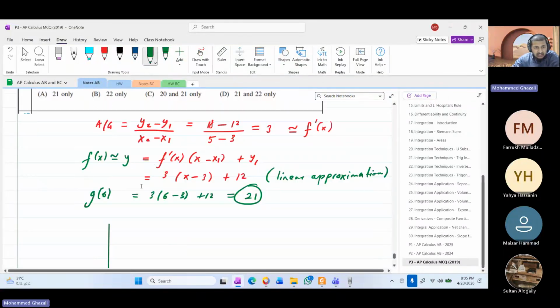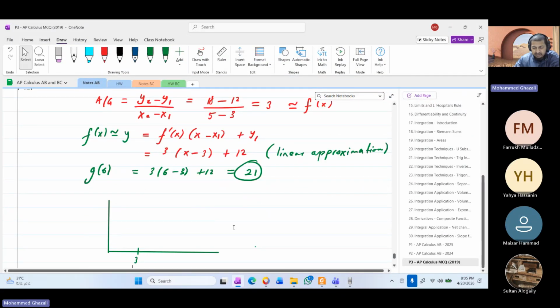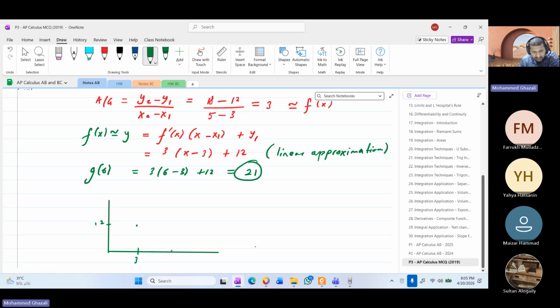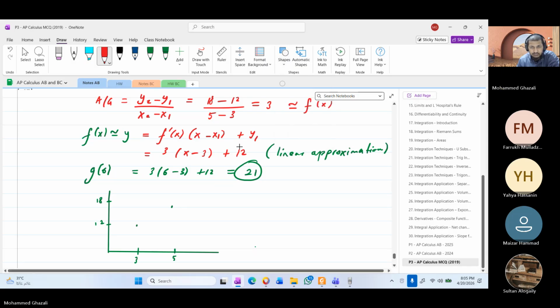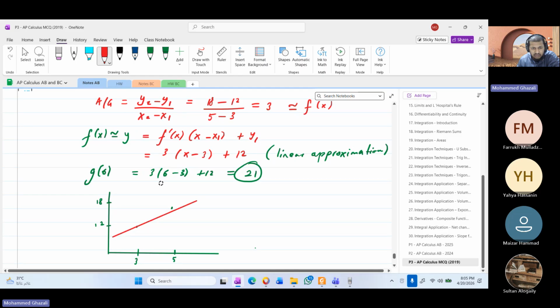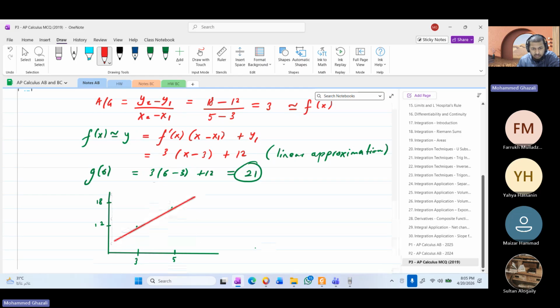The value at 3 is 12, and the value at 5 is 18. I will put a linear line here. This linear line is a tangent line approximation, correct? Now you are trying to find 6.